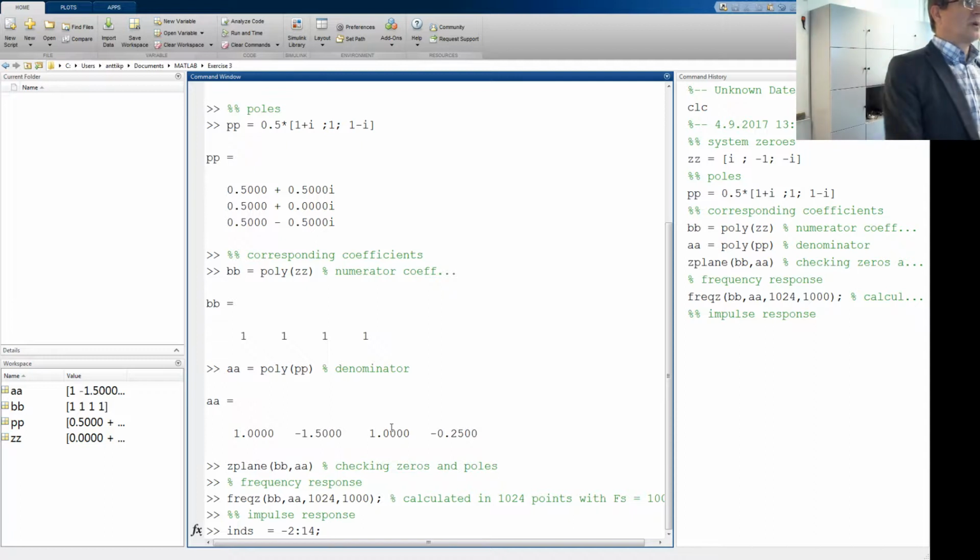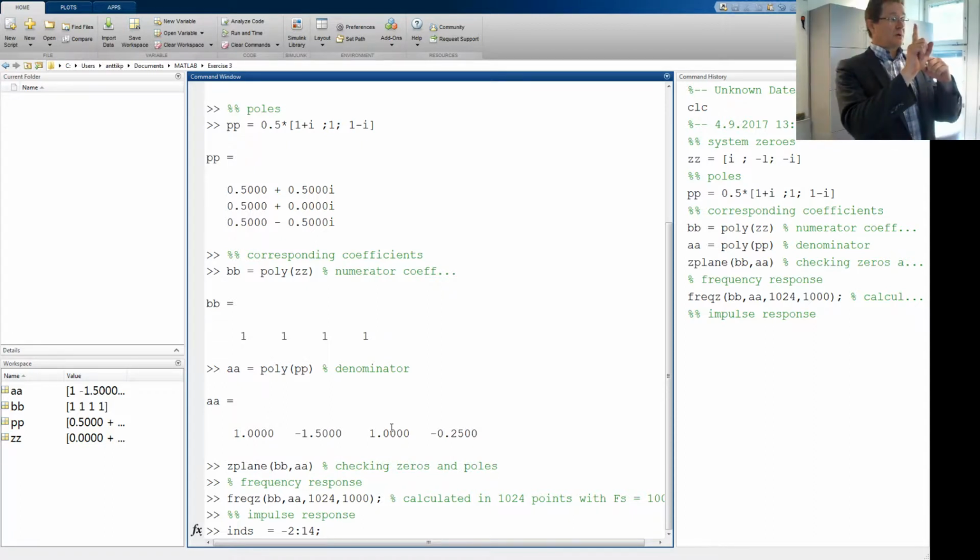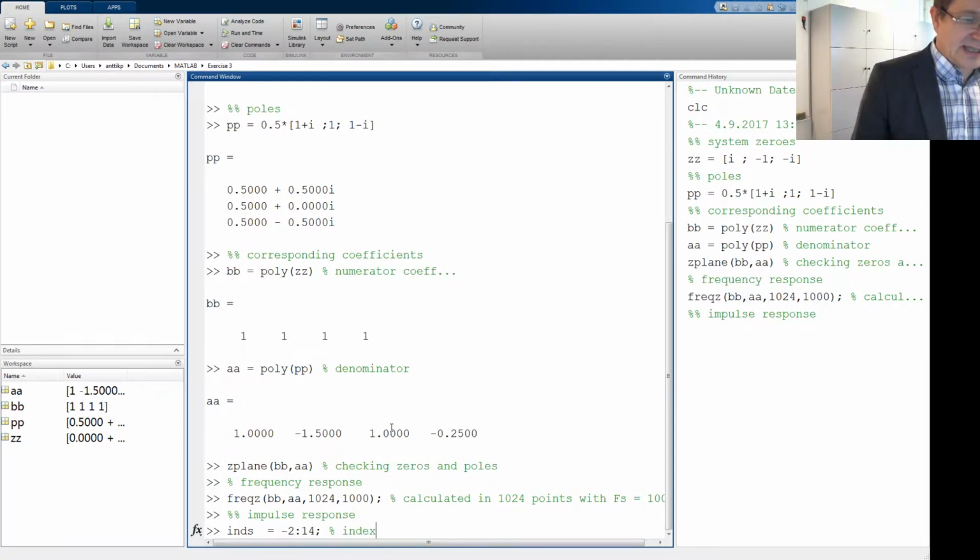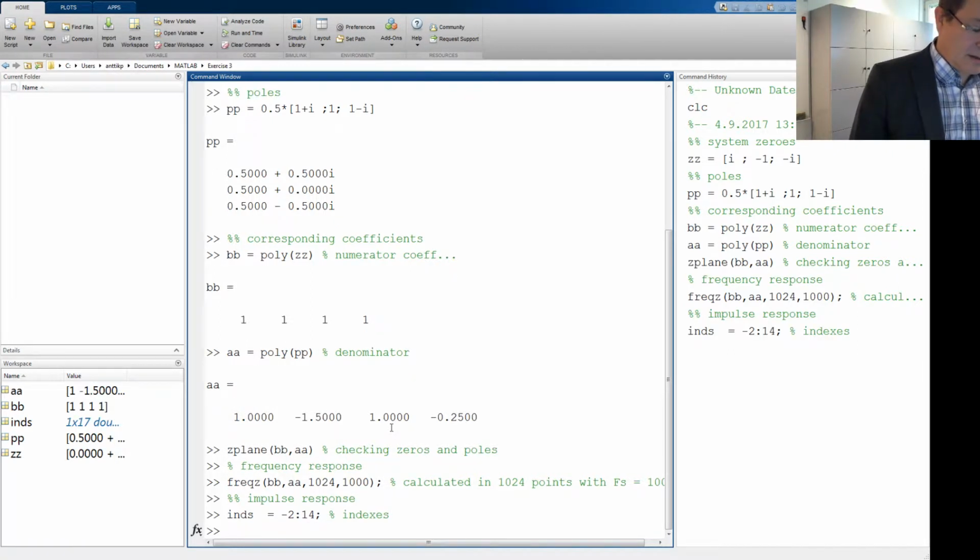I started from minus something because I want to see also the moment, a couple of moments before the filter starts. So that's just the indexes. Then the delta function, simply that one hits 0. That's the impulse function.